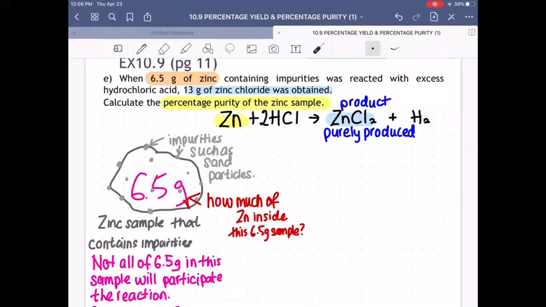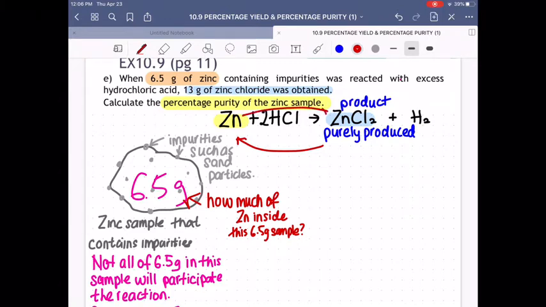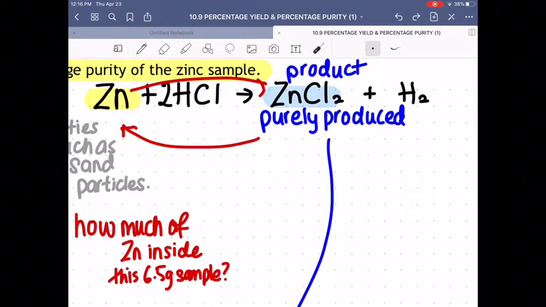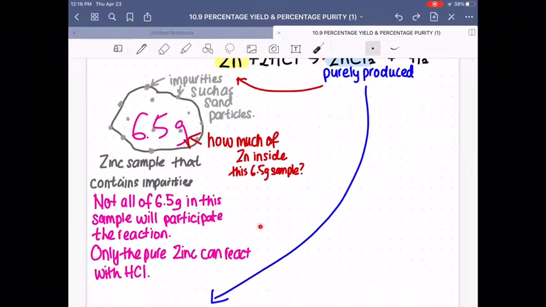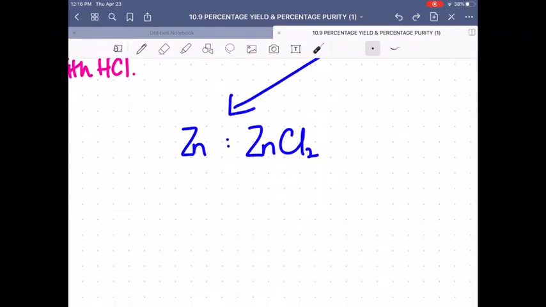Since we know the mass of the zinc chloride formed, which is 13 grams, we can do the reverse to find out how much zinc was used in order to form this zinc chloride. So let's take these two for our calculation. This zinc chloride is purely produced from the zinc, so we're going to take these two into our ratio calculation. I have put it here.